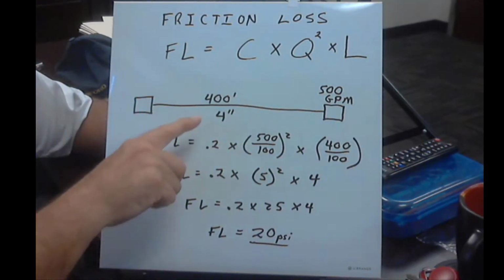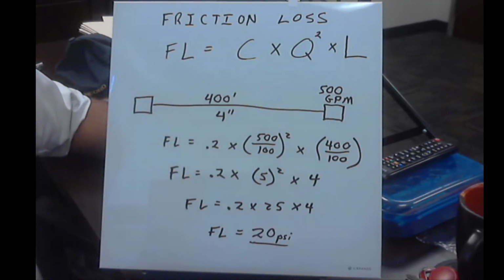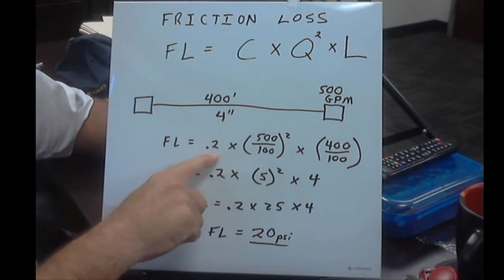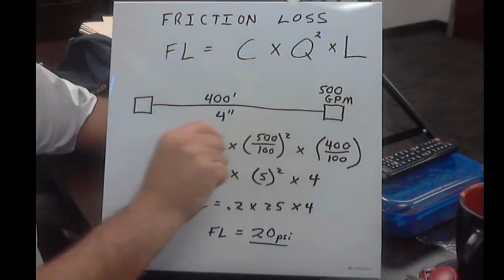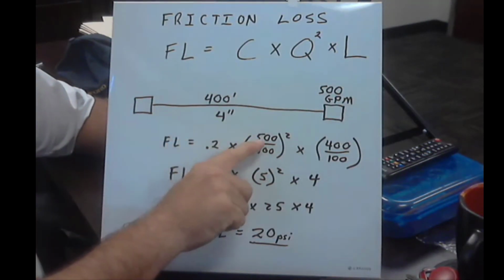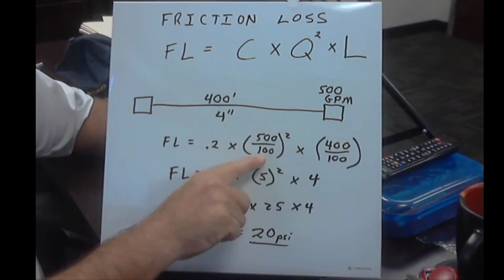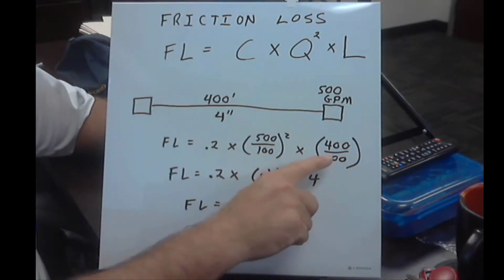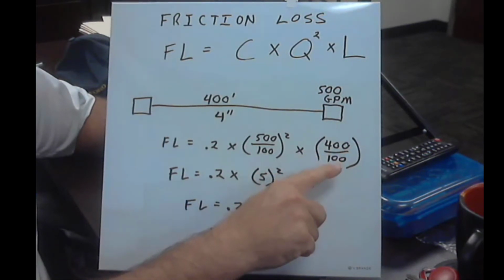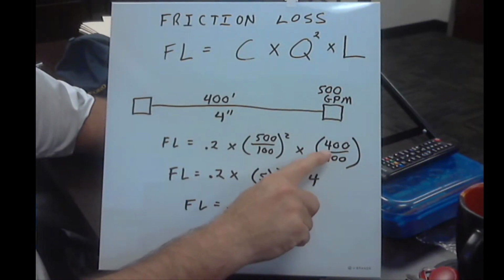So for 4-inch, the coefficient is going to be 0.2 times the quantity, which is 500 GPM is what we need. That 500 divided by 100 gallons per minute gives us 5 squared. Next is times, I have 400 feet. Okay, so how many sections of 100 feet is that? 400 divided by 100.